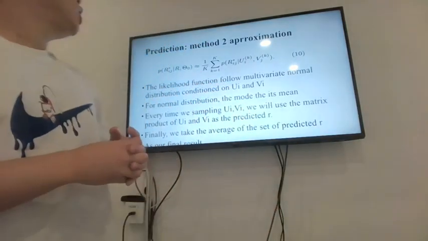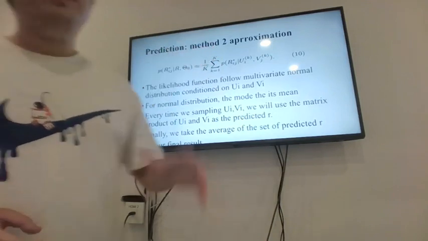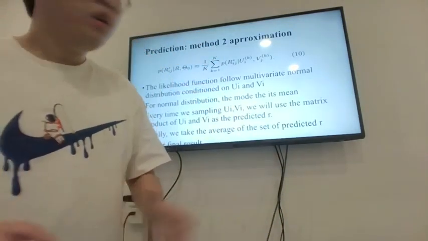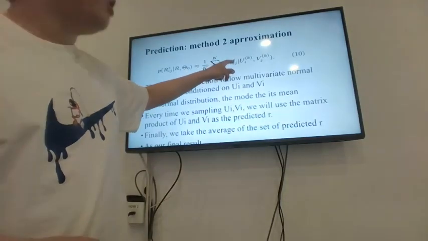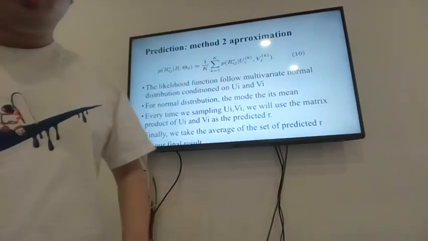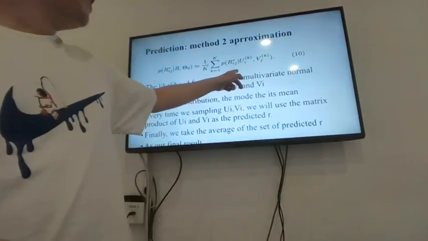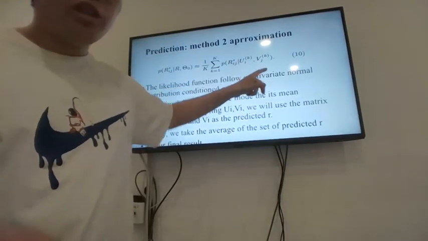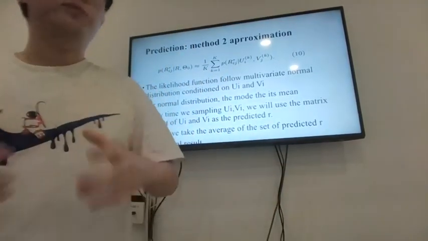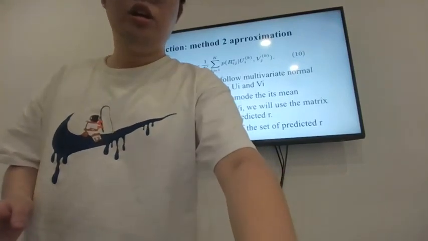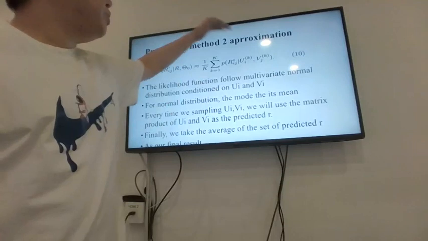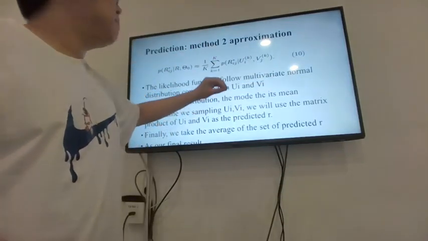So instead, we use method 2. We do an approximation. Instead of assuming different ratings R, calculating the probability and taking the average, after sampling Ui and Vi we just use the product of Ui and Vi as our predicted R. Because for a normal distribution, the mode is the mean.